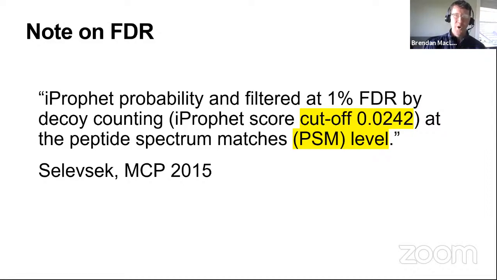And then PSM level is a less strict false discovery rate. You're going to get higher false discoveries, and PSM level, especially when you're doing 40 runs, is dangerous, because what you're actually interested in is the peptides.